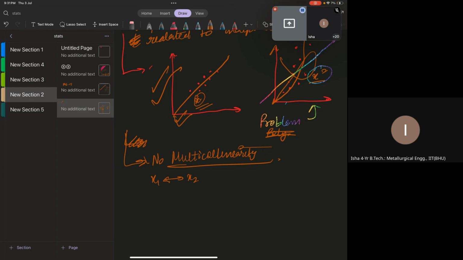Change in x1 affects change in x2. That x1 and x2 have a very high strength of relationship between them, and depending upon the direction, the sign of the correlation, if it is positive, then x1 and x2 both increase at the same time and decrease at the same time. If x1 is increasing, then x2 is also increasing.